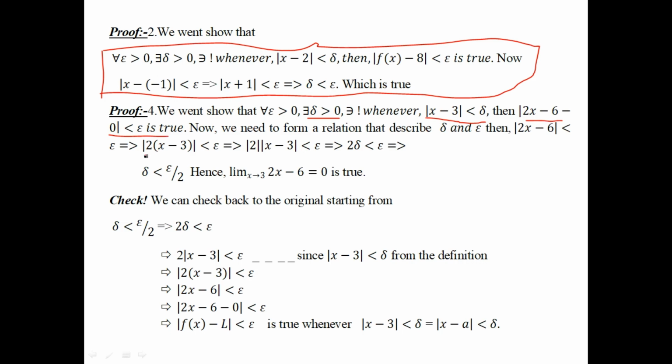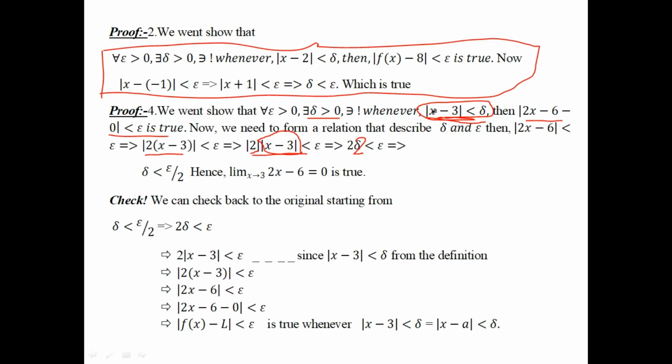2x minus 3: we substitute the value of the function and subtract the value of L, and we have these values. Then the absolute value of 2 is just 2, but instead of absolute value of x minus 3, we substitute delta, since from the definition we have this fact.